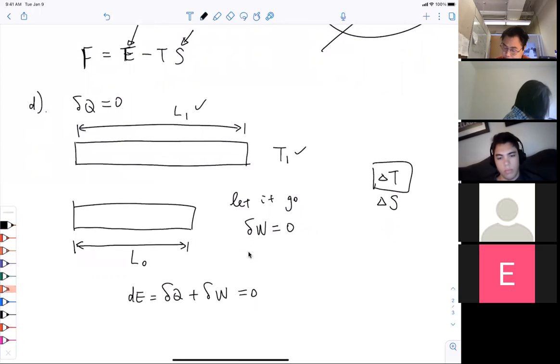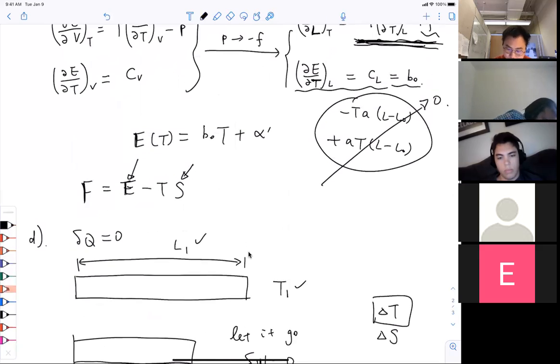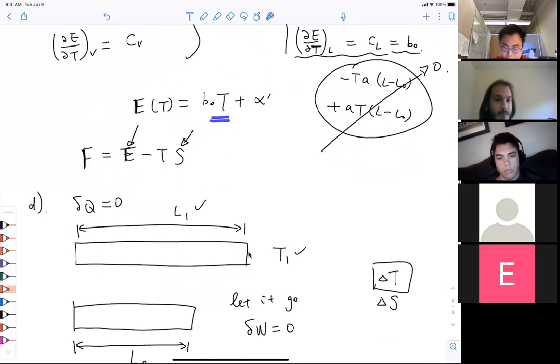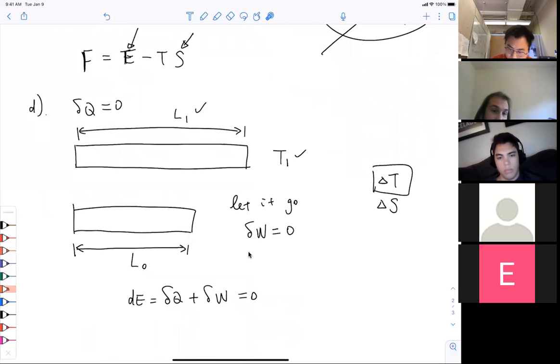And we also know the internal energy only depends on the temperature, which means the temperature is a constant during this process. So we immediately conclude that delta T is zero. There's no change in temperature, meaning the final temperature is also T1. Any question about this step?